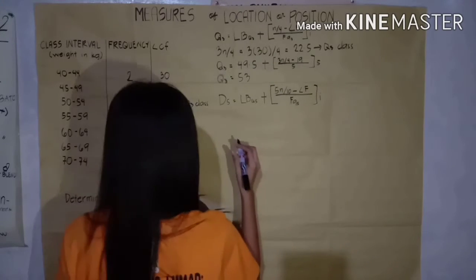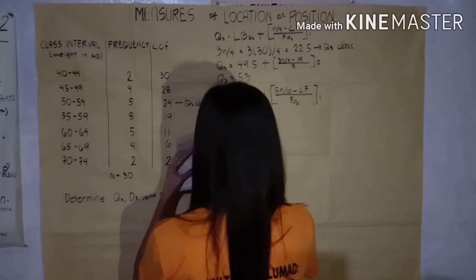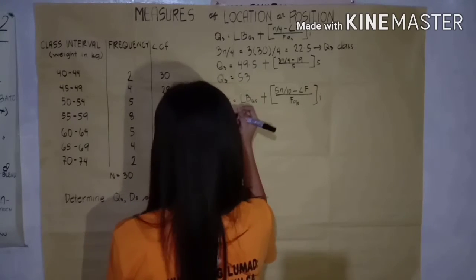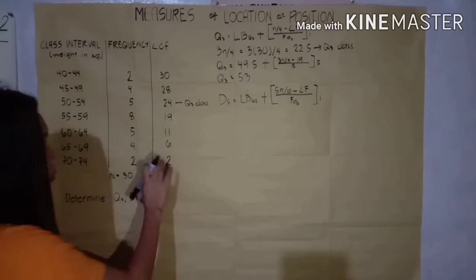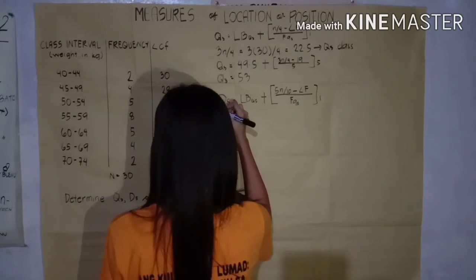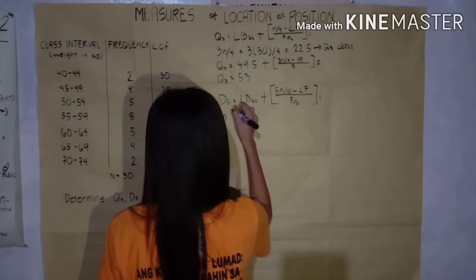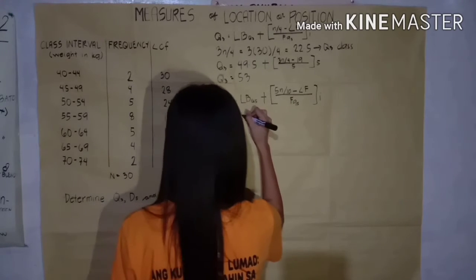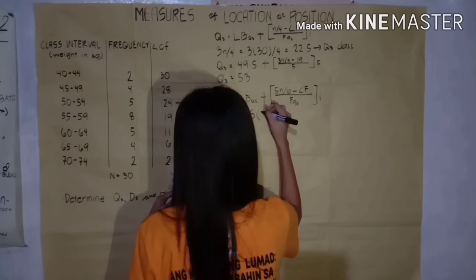Next, we must first find the D5 class so that we can put it in our table. So we have 5n divided by 10. So we have 5 times 30.